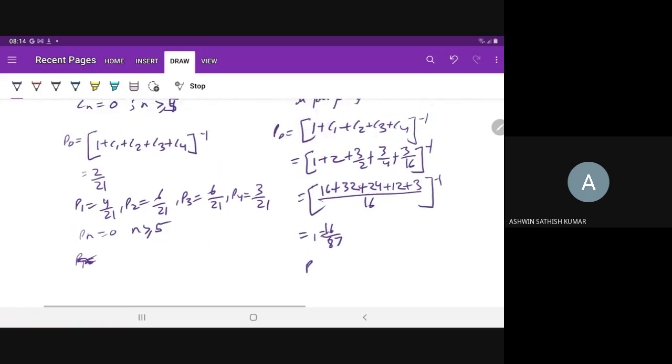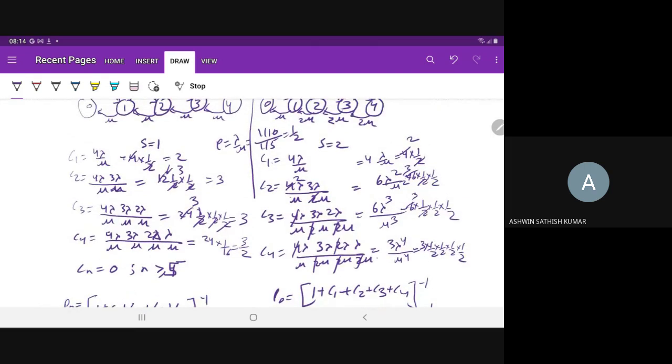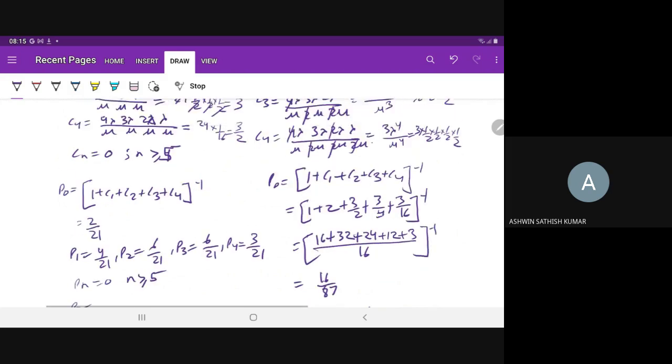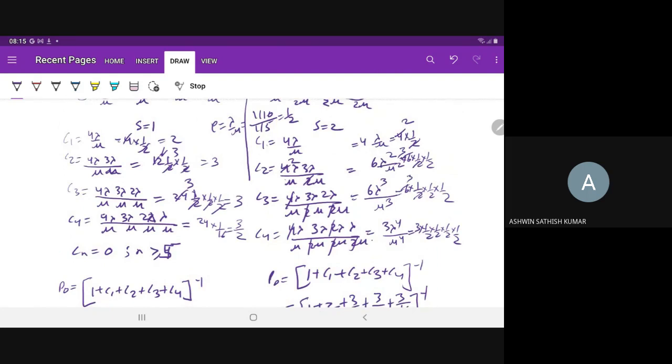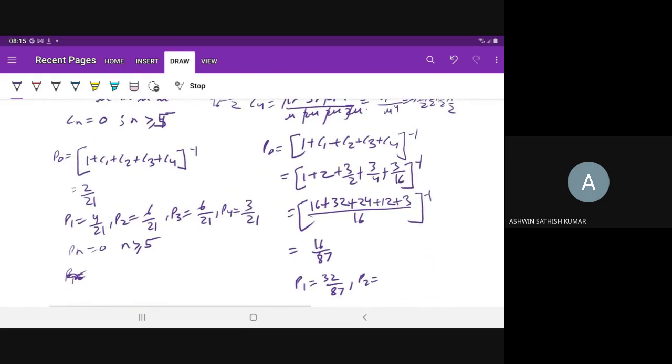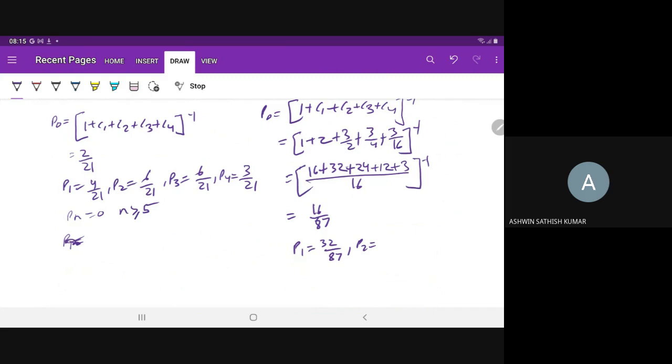Similarly, here P1 will come, C1 is equal to 2, so 2 means 32 upon 87. P2 is equal to 3 by 2, so 8 upon 29.